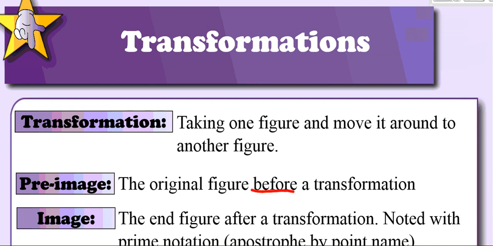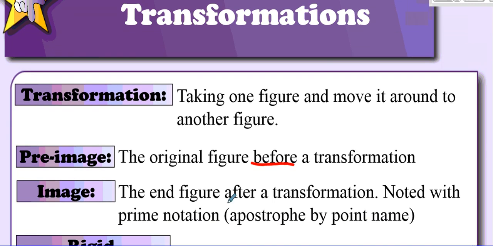And then the image is the after the transformation. And you note it with a prime notation, which is like an apostrophe. So the preimage would just have a capital letter for the point. The image would have the same capital letter, but with a prime, with an apostrophe on it.